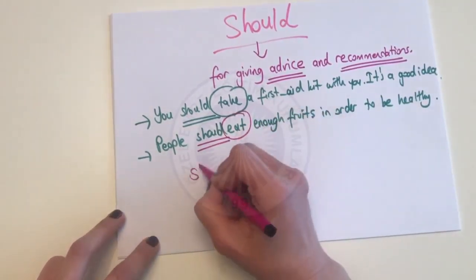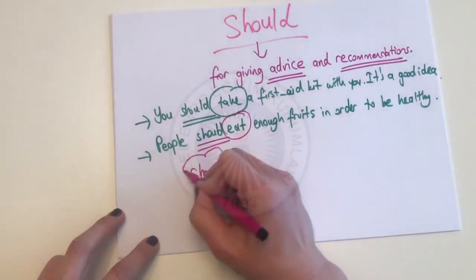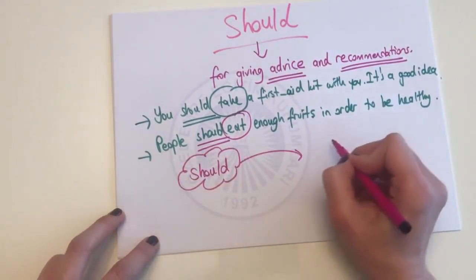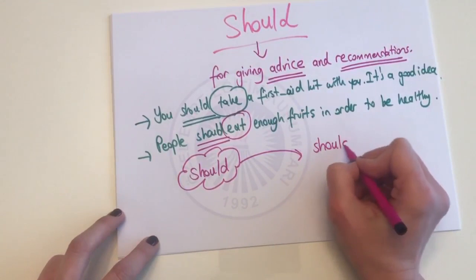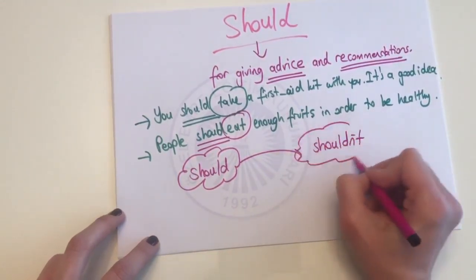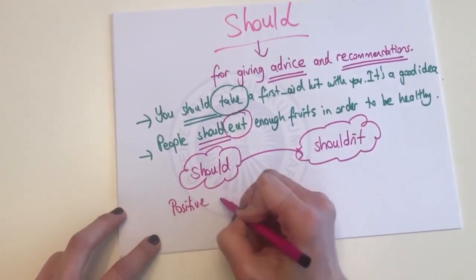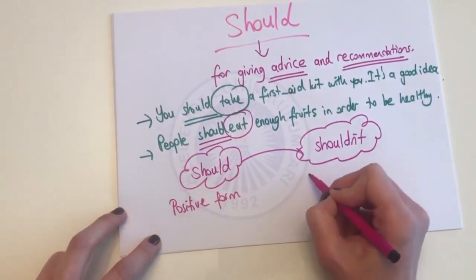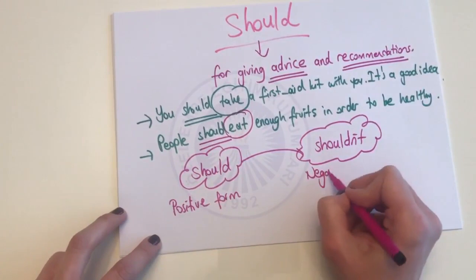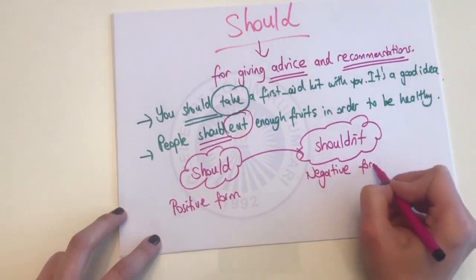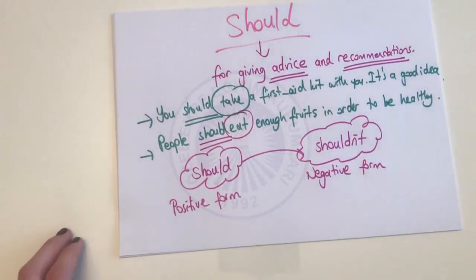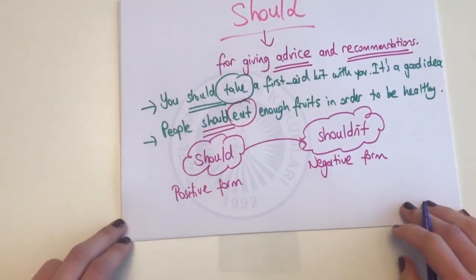Should is the positive form and negative form is shouldn't. So, we can write positive form, shouldn't is negative form. So maybe we can write an example using shouldn't.